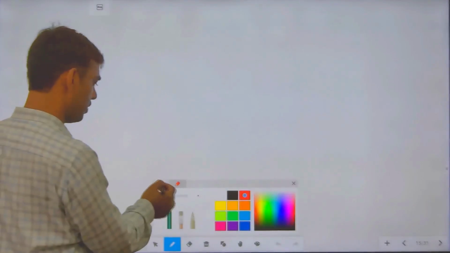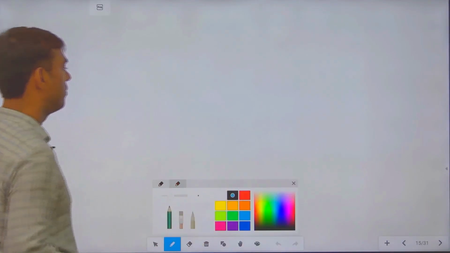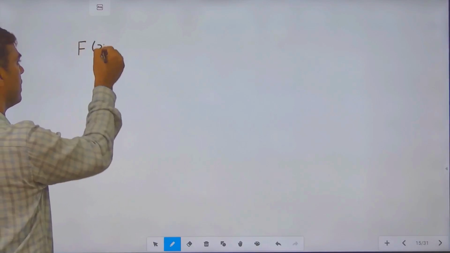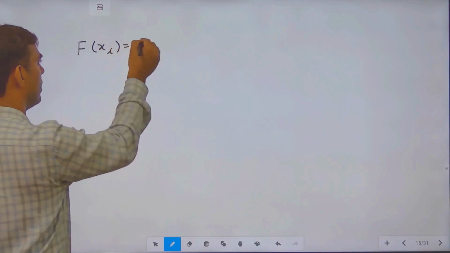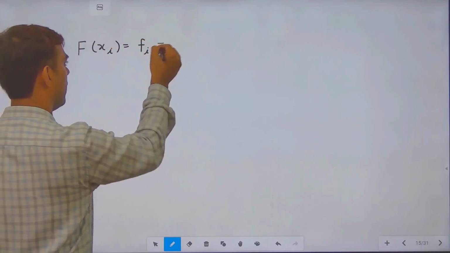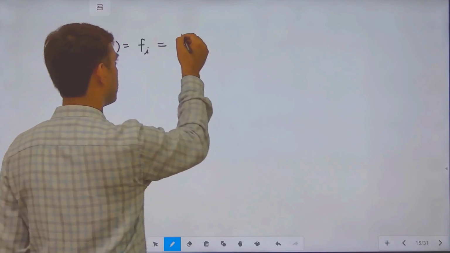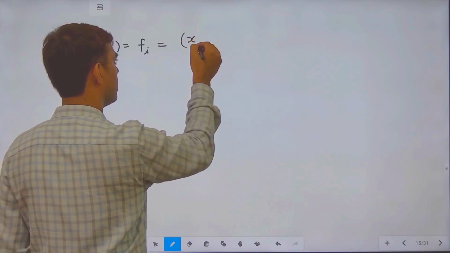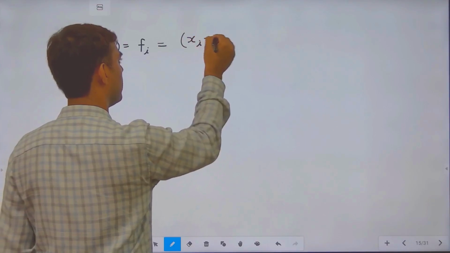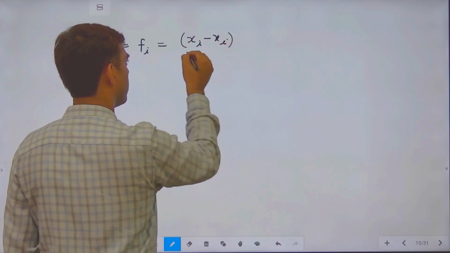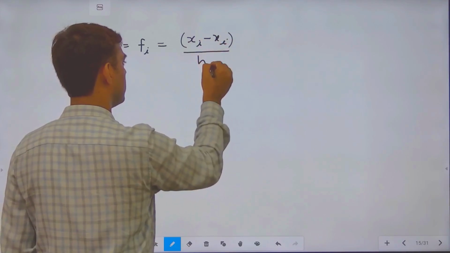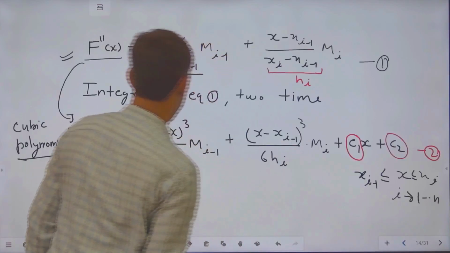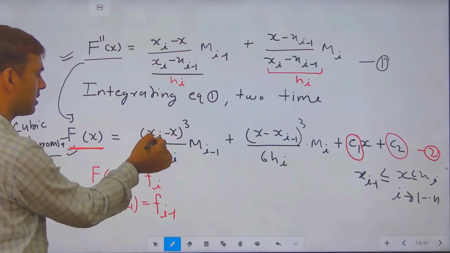So how do we find the value of the unknowns? If we put x equal to x_i, then f(x_i) equals F_i, and the right-hand side becomes: first term is (x_i minus x_i) whole cube divided by 6h_i times M_{i-1}, which means if we put x equal to x_i here, this term becomes 0.